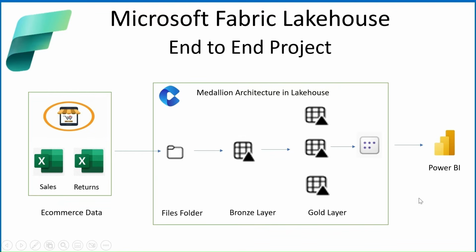So we will upload those Excel files into the files folder of Lakehouse, and after that we will use the Spark notebook to load the data into our bronze layer and gold layer.